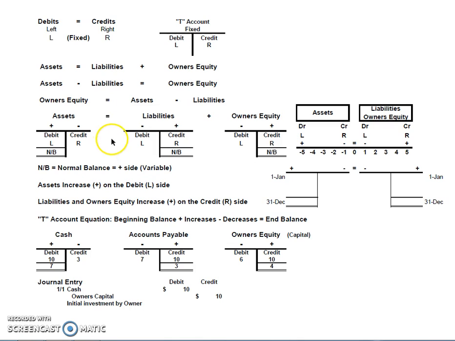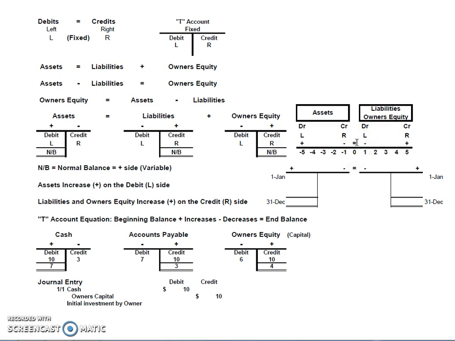It's almost like a mirror effect. So if we're adding a liability, we would be crediting it. If we're adding an asset, we would be debiting it. And we can look at it from a number line perspective. Here's a basic number line where equals is at 0.